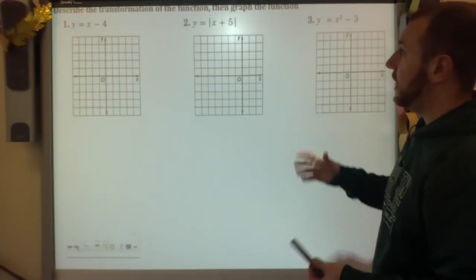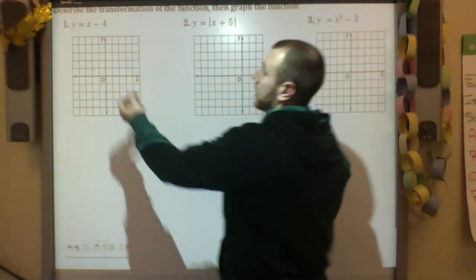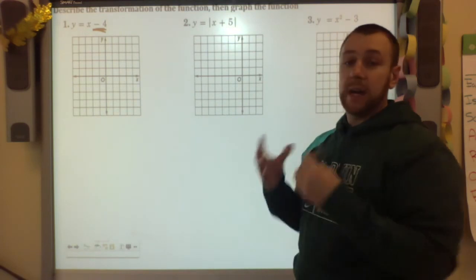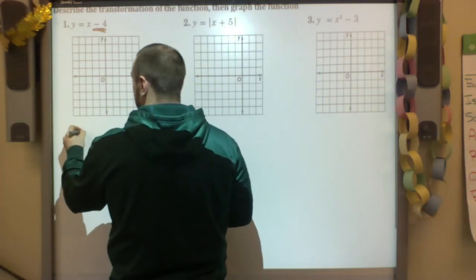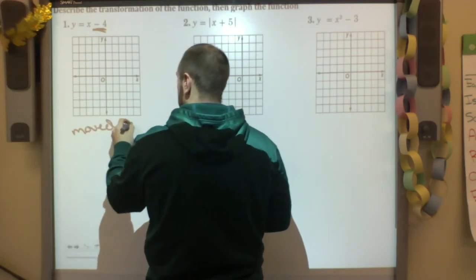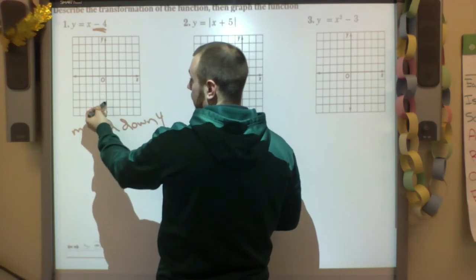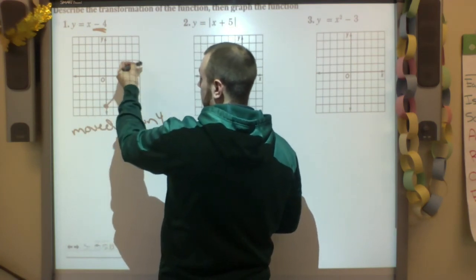So that's what you have to do with these. Remember, something like this, the -4, if it's not in parentheses, it's the k, which means this graph is just moved down 4. So I'm going to go 1, 2, 3, 4, make the point, and draw my linear function.